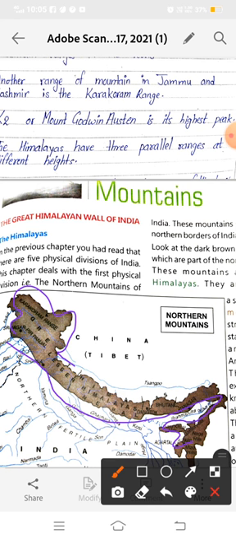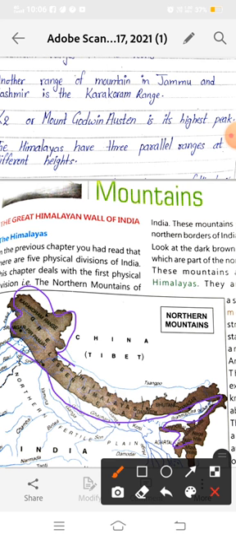This is called the Himalayas. The Himalayan mountain ranges stretch across many countries, and some parts of the Himalayas also stretch across our India, in the north side of India. That is why it is known as the Northern.